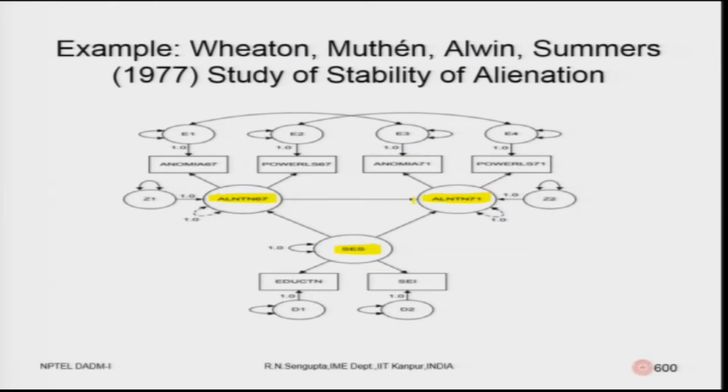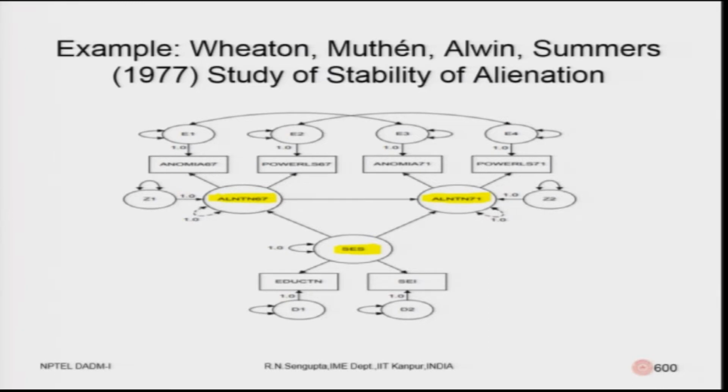Point number 2, we will consider the level of relationship existing between the alienations of 67 and 71, with variables such as anomia of 67 and the power structure of 67, along with the power structure of 71 and the anomia of 71.